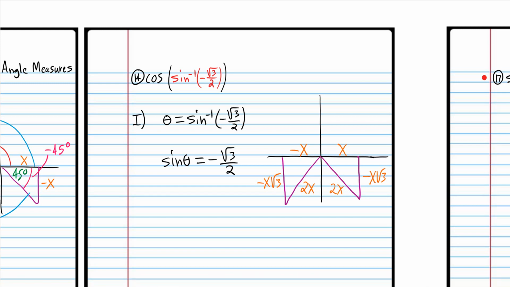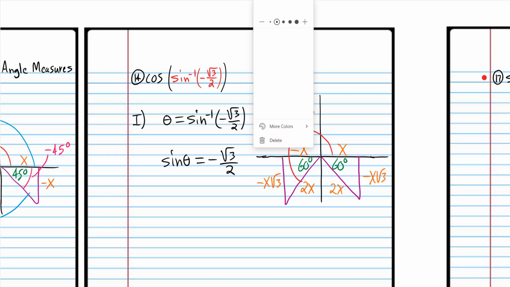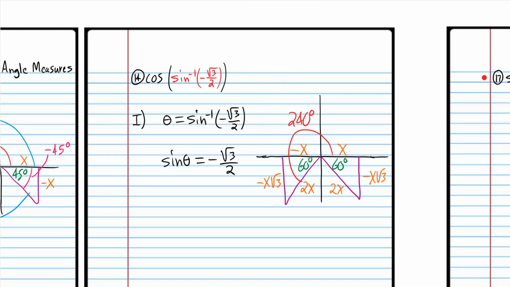And the angle opposite x root 3 is always 60 degrees, so the reference angle in both the triangles is 60 degrees. This actual angle is 240, and this other angle is going to be 300 degrees.